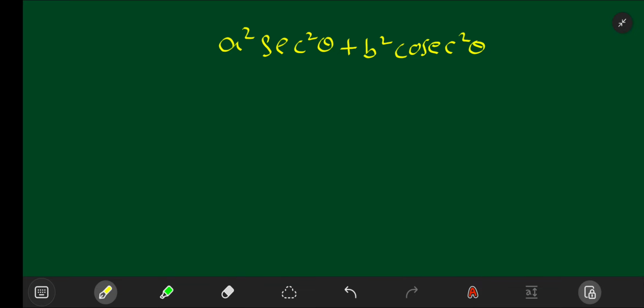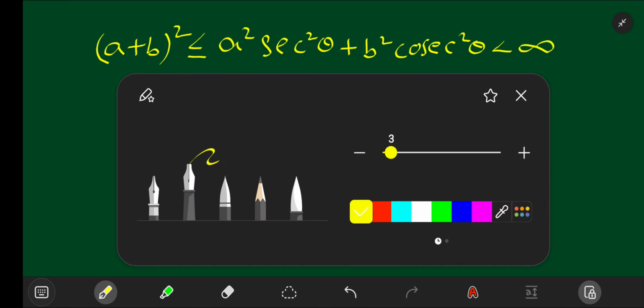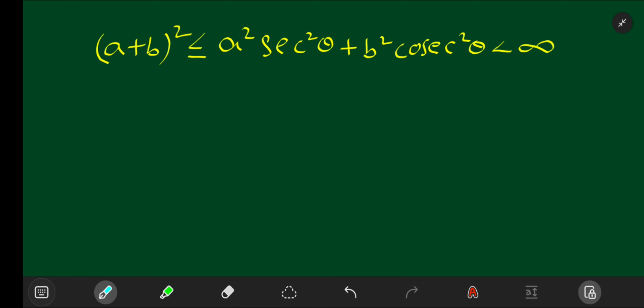Its minimum value is a plus b whole square and its maximum value is infinite. This is its minimum value and this is its maximum value.